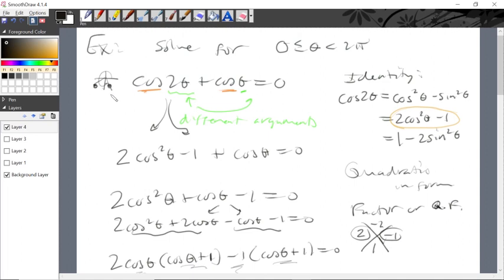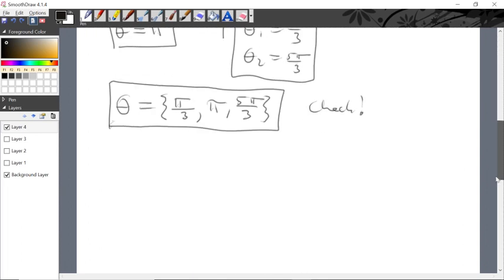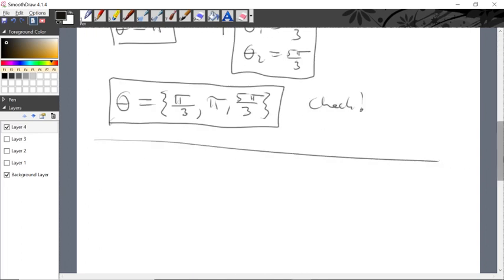Notice that in quadrant 4 the cosine is positive, but in quadrant 3 the cosine is negative, and they both have the same reference angle of pi over 3. So the x-coordinates are the same value but negative instead, and they add together to equal 0. So by observation, I can tell these solutions work. I urge you, though, to check the solutions by plugging them in. That's the best way to verify that you actually found the correct solutions.